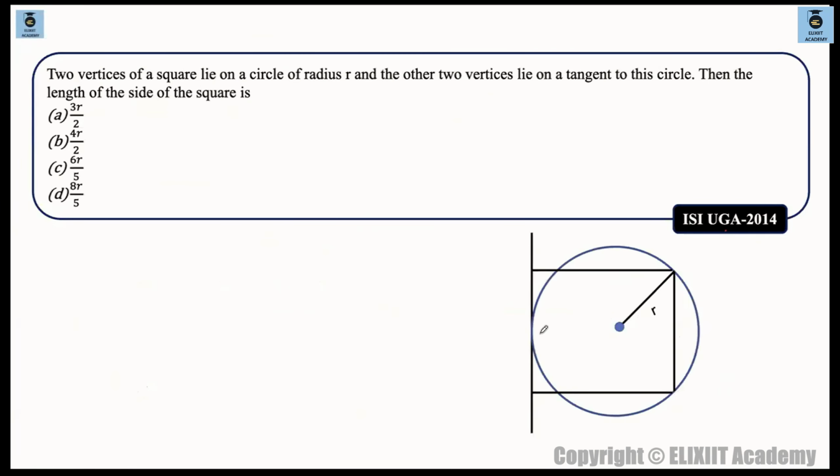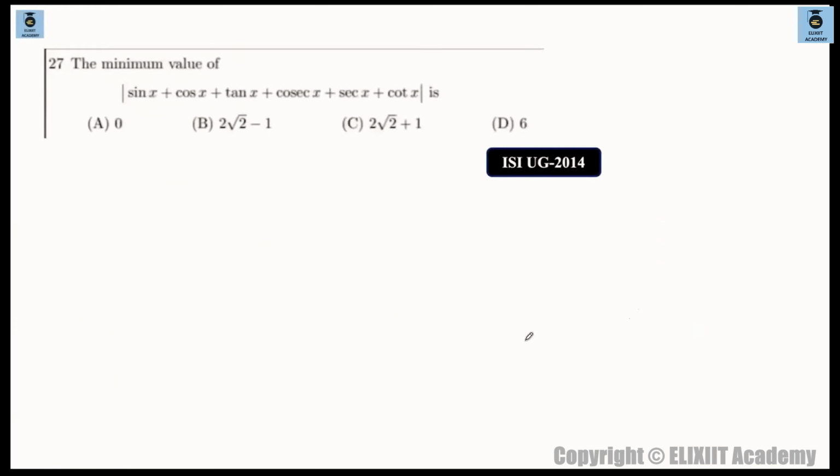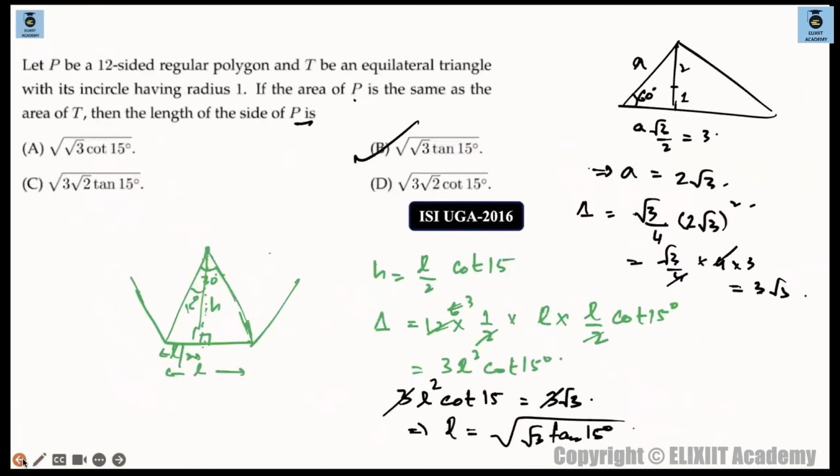काफी simple question है, खाली join करो and simply find the relation from here. This question also we have done, yes or no, this was a UGB question in 2023, this was given in UGA 2014, I have said now this was a notes question, and this was given in ISI UGB में ये दिया गया था, this was a notes question, DPP question, finding the minimum value of this thing, and the minimum value was actually 2√2 - 1, option B was correct, we have solved this thing.